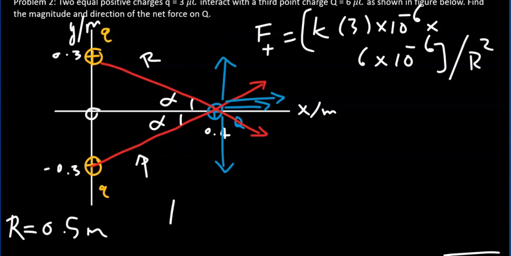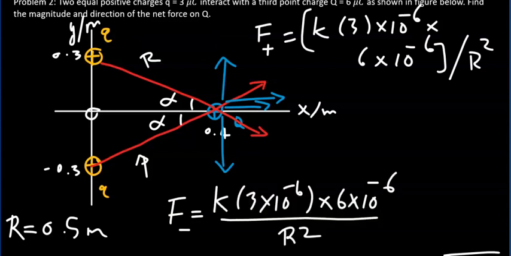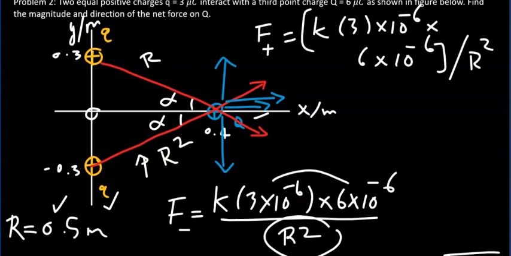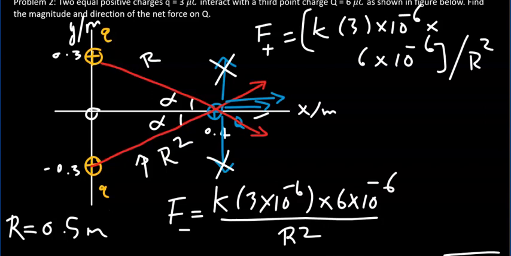The magnitude of the force due to the lower charge, let's call it F minus, is again given by K times the product of this charge and that charge, divided by the distance r squared. We know what r is, it's 0.5, r squared is 0.25. The y components will cancel each other, so the x components will reinforce each other. So all we have to do is just calculate the x components and add them up.